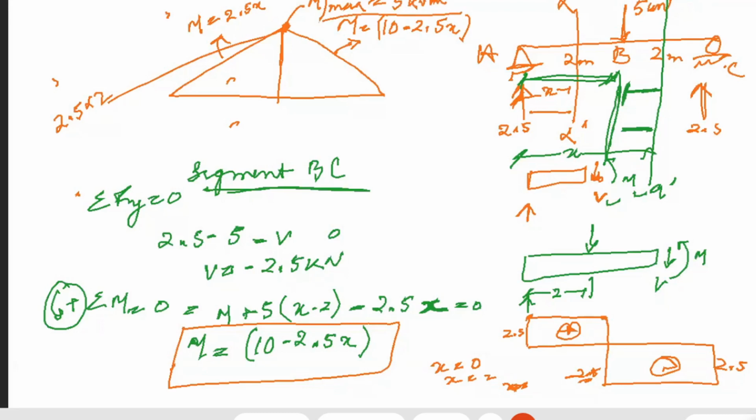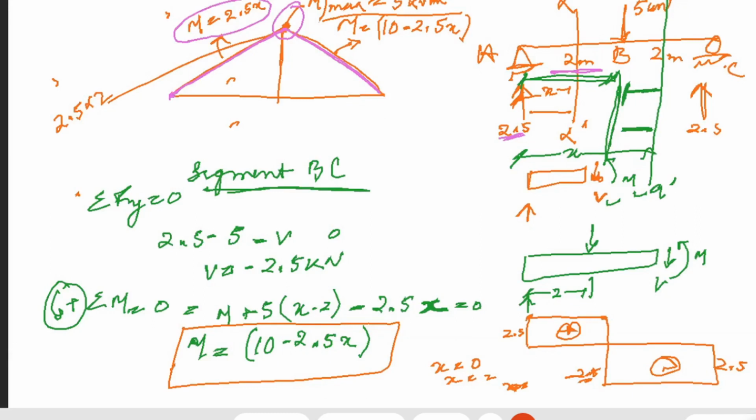Now, here you can see you have a maximum moment of 5 kilonewton meter. Why is it so? Because there is a reaction of 2.5 multiplied by the distance 2, it gives you 5. Now, this linear variation will give you different values at different points. Firstly, you can give the value of moment in the left portion when x is 0.